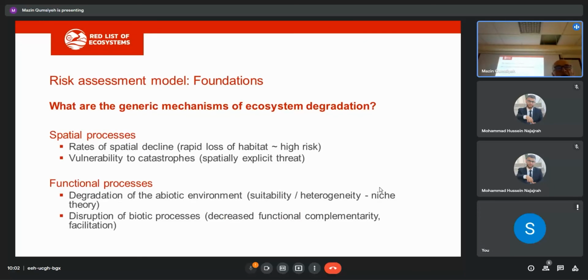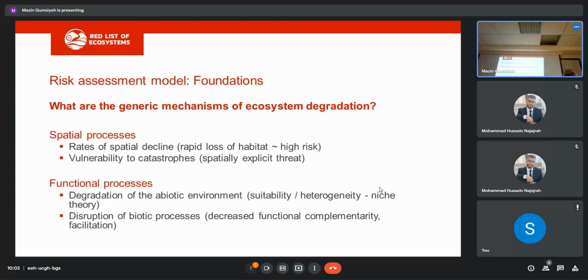The risk assessment model is based on two processes: the spatial processes and the functional processes. The spatial processes are based on the extent of the ecosystem, and the functional process is based on how it functions. An ecosystem is something complex.